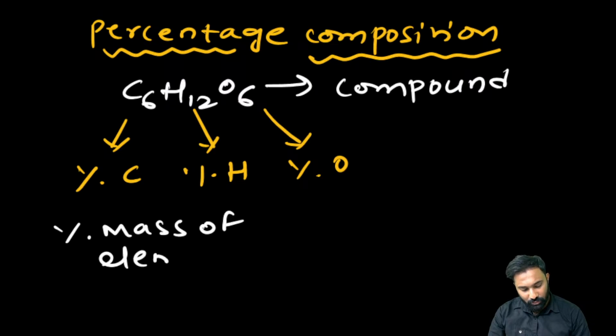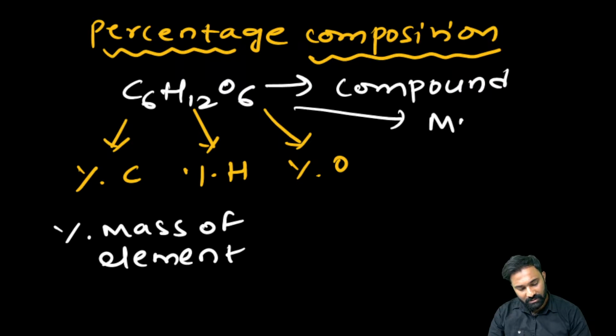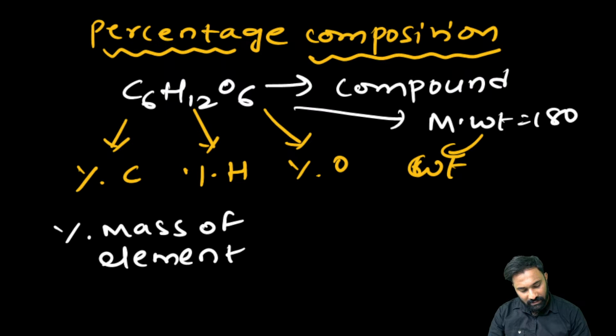That is, how much weight or how much mass of carbon is present. Let's suppose the molecular weight of this compound is 180, we know. In this 180, how much weight of carbon is there, how much weight of hydrogen, how much weight of oxygen?